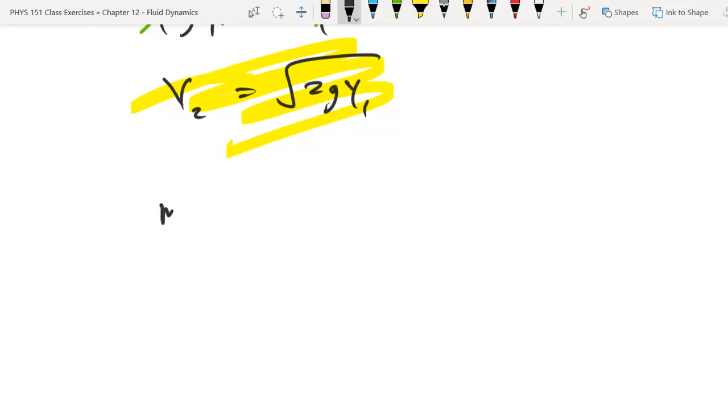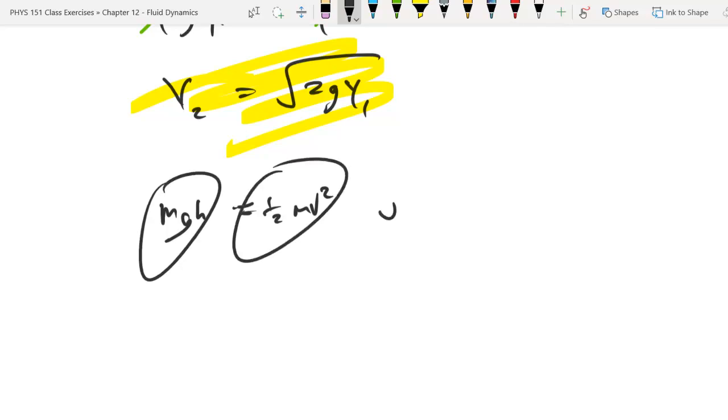When we had mgh equal to 1/2 mv squared, when the kinetic energy was driven by the potential energy, so all the potential became the kinetic, we got v equal to the square root of 2gh.